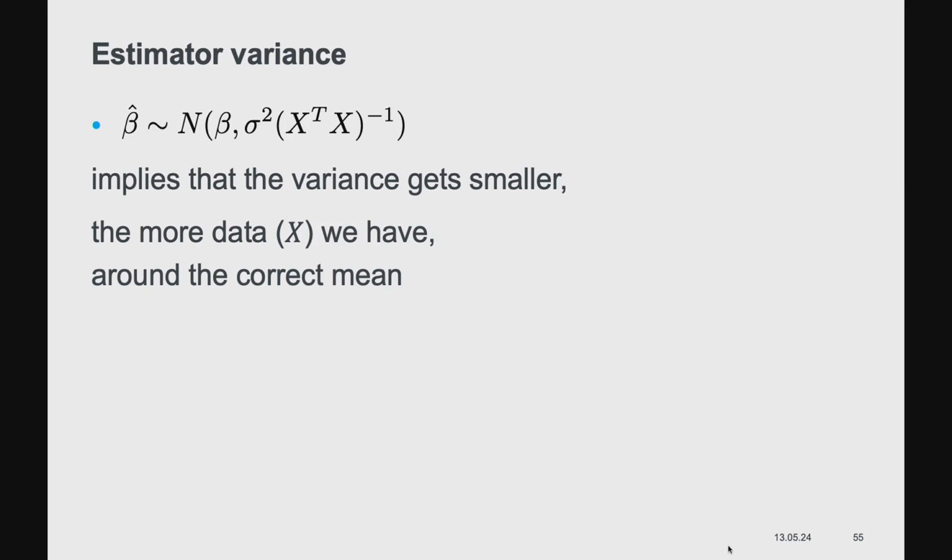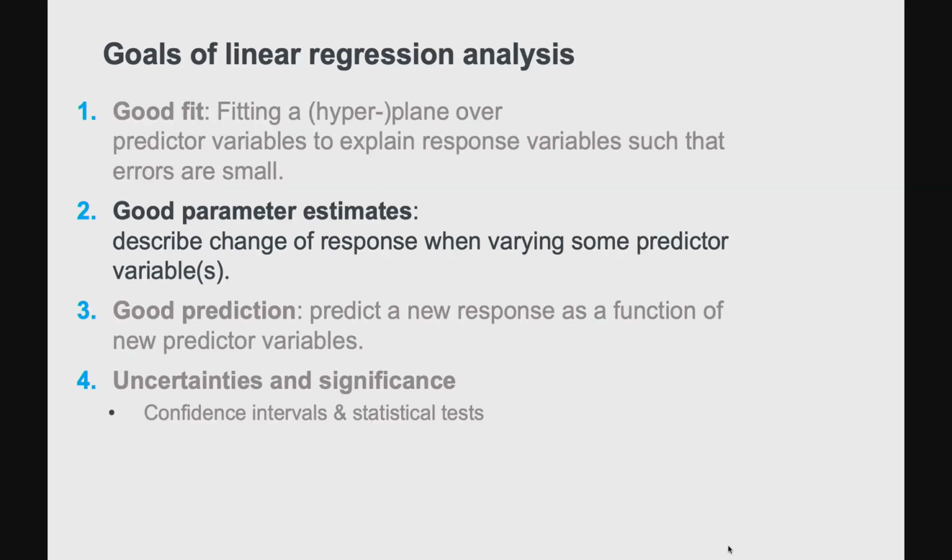And as we have more and more data, this covariance becomes smaller and smaller, meaning we better and better approximate what our original function was.